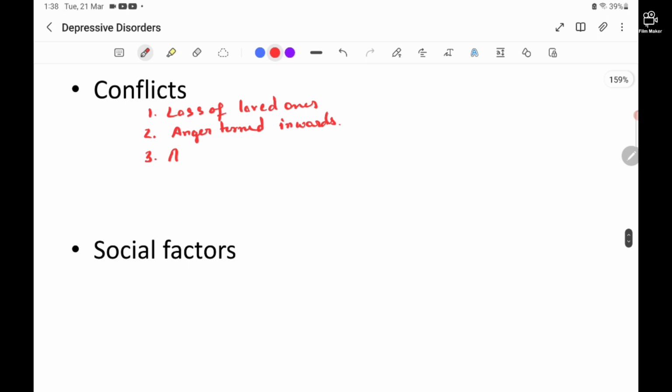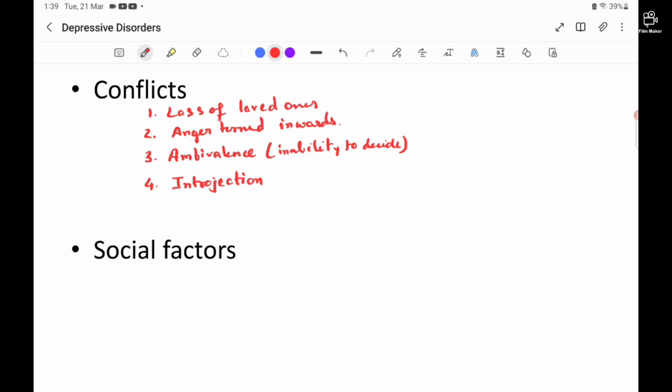Then ambivalence, that is inability to decide. And introjection, this is blaming himself for everything happening. Suppose a person goes with his friend's car, and on the road he meets with an accident.